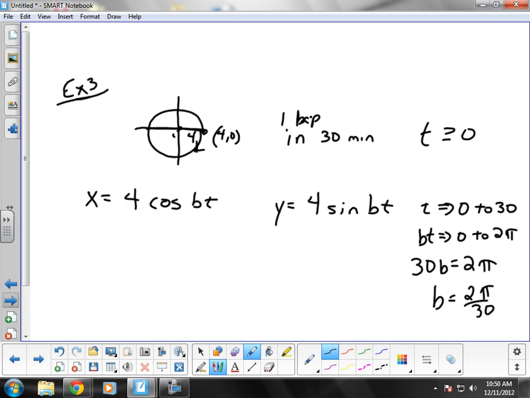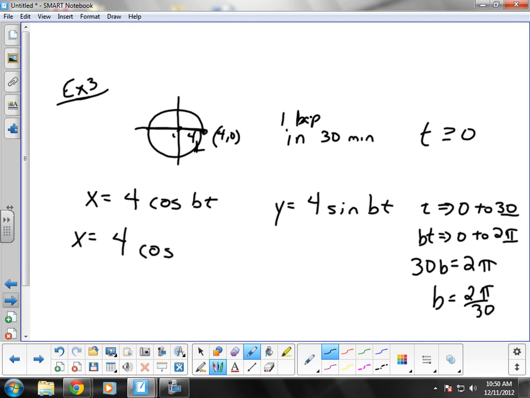Because it took 30 minutes to do one complete revolution, 30 times b has got to be equal to 2 pi. Okay? So if I reduce that, that gives me pi over 15.